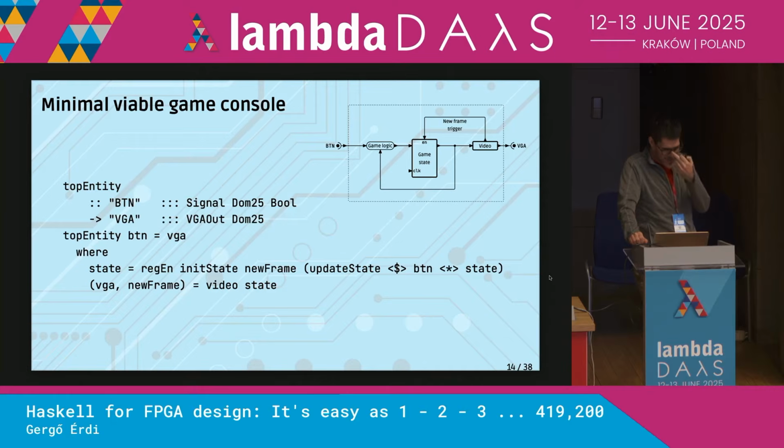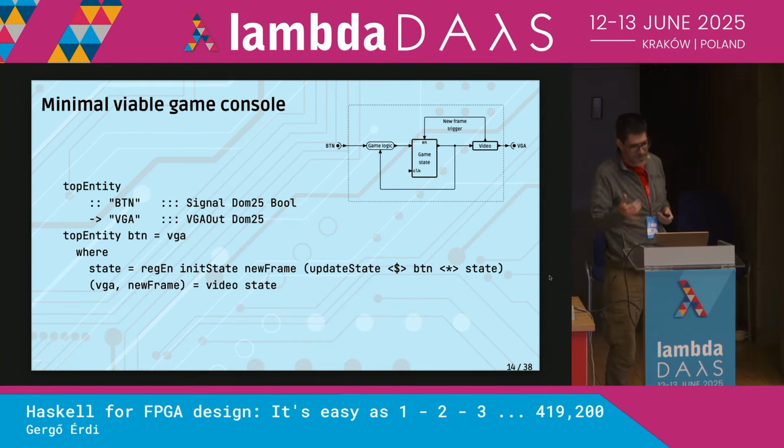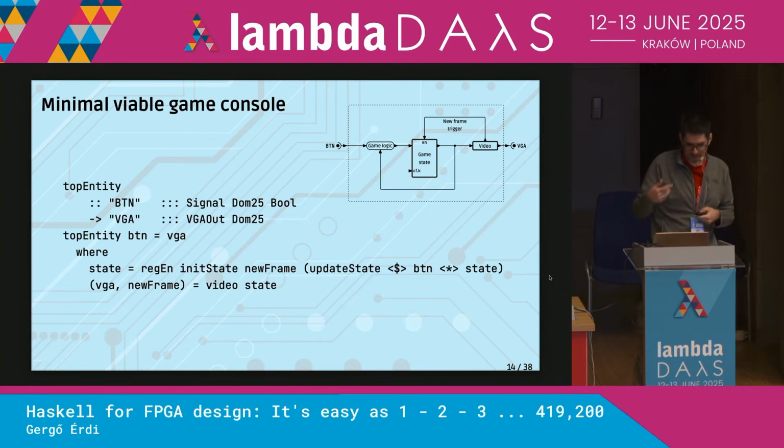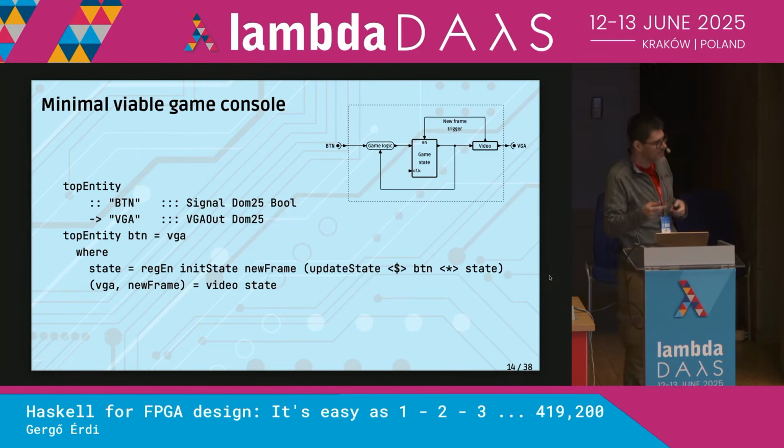And so internally, you see these two lines of code that correspond exactly to the diagram we have drawn. We have a register that is initialized with some initial state. It's enabled by the new frame signal. And whenever that new frame is true, we replace the contents of the state register with the result of applying the update state function on the button and the state.